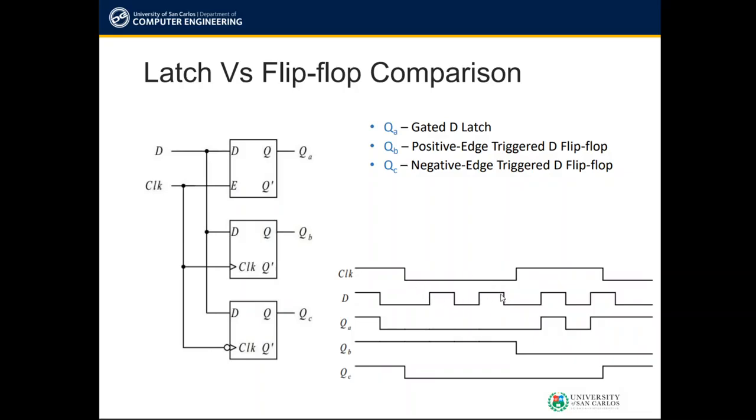So in this part, the output will still be low, and then when the clock here is high, and the value of your D changes, it also changes the output of your D latch.